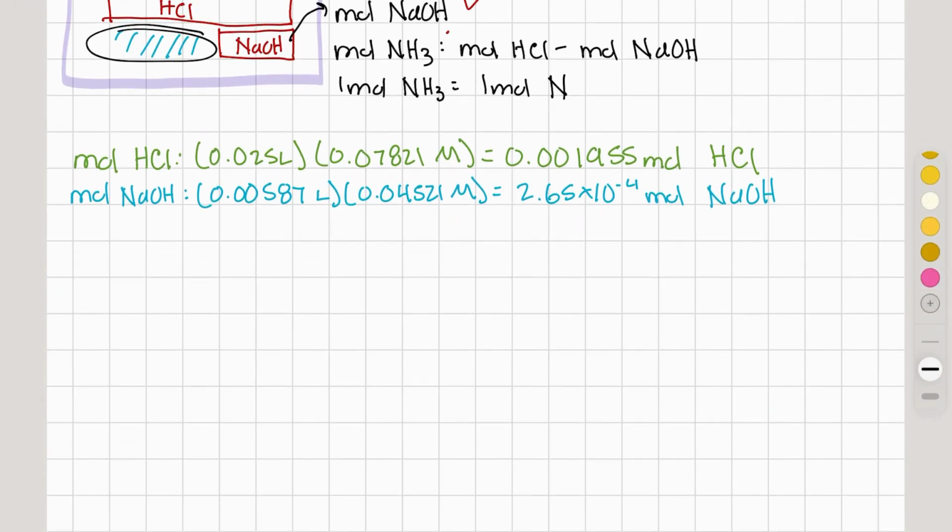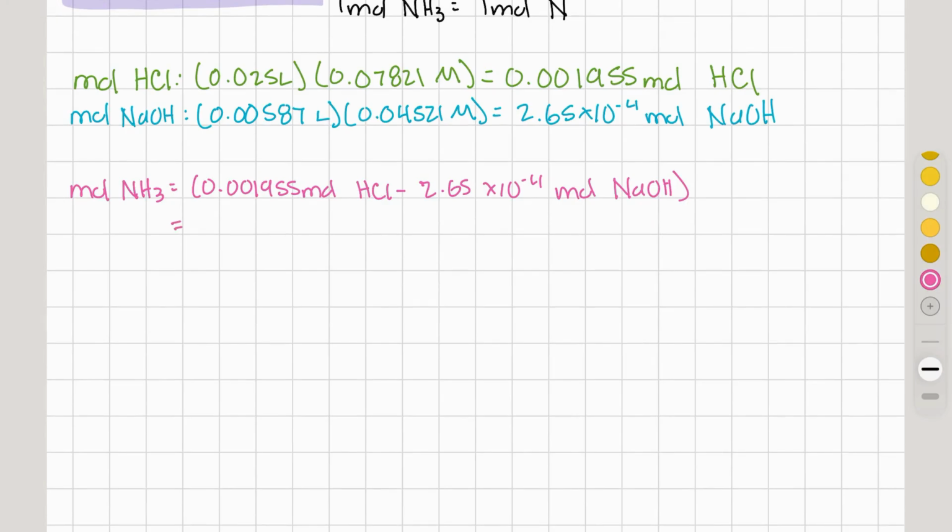So our moles of NH3 equals 0.001955 moles HCl minus 2.65 times 10 to the negative 4 moles of NaOH.